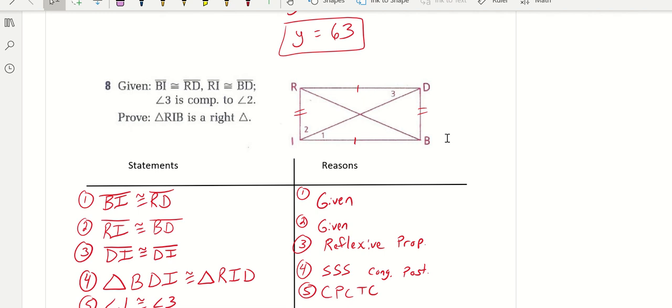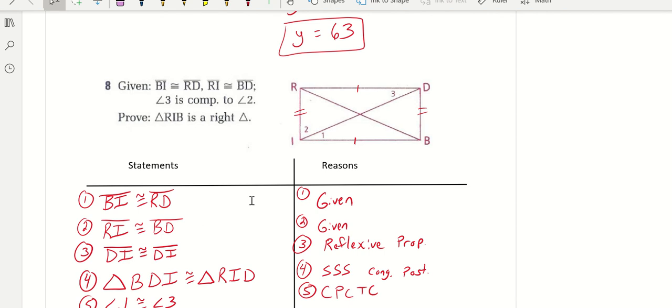Let's prove those two are congruent. It's pretty easy to see why they're congruent at first. We got BI congruent to RD. We got BD congruent to RI, and then BI is congruent to itself through the reflexive property. So triangle BDI must be congruent to triangle RID. And then through CPCTC, angle 1 is going to be congruent to angle 3.